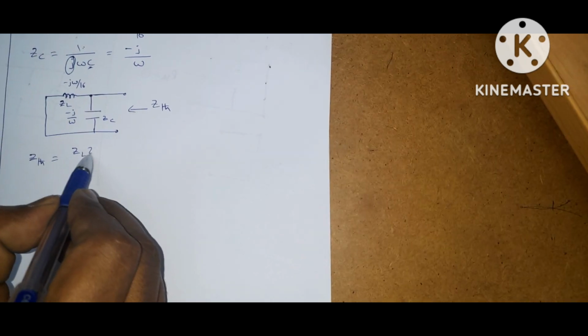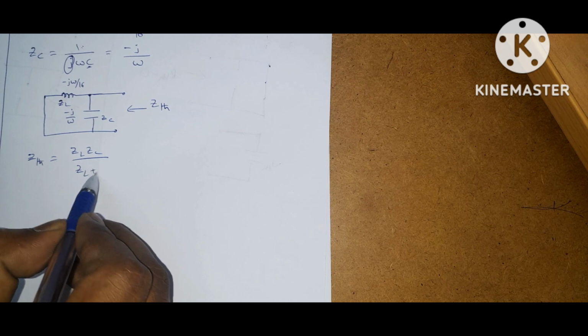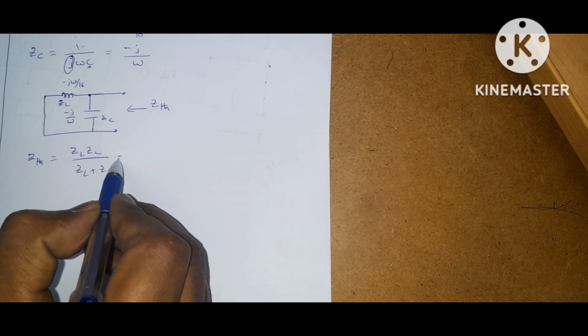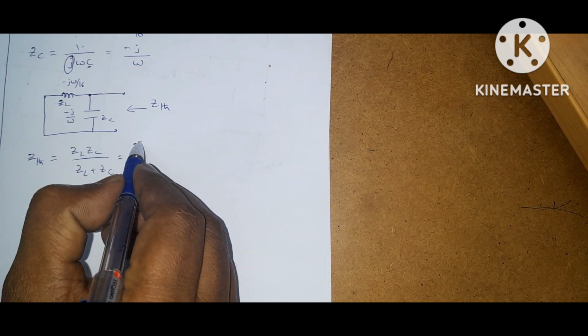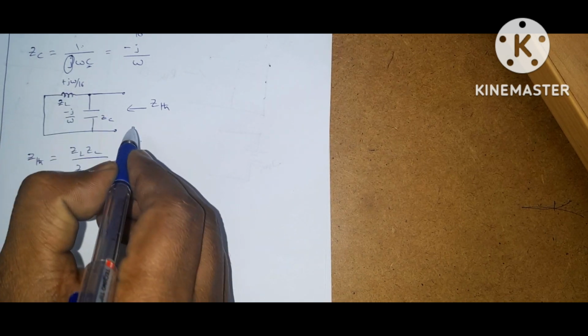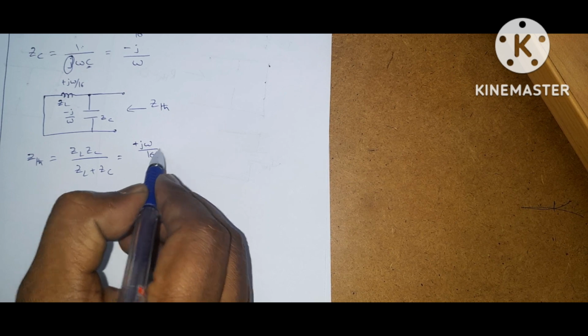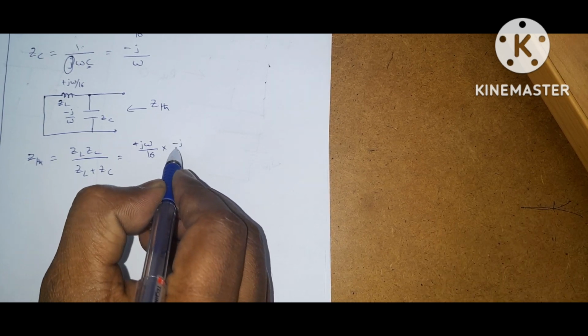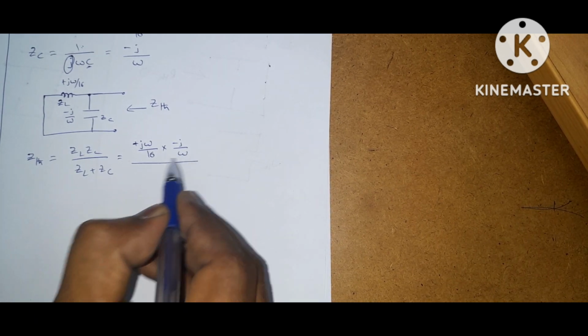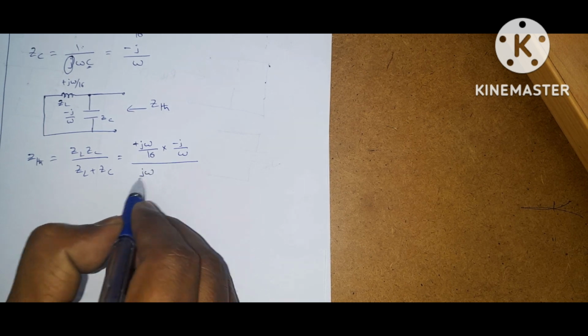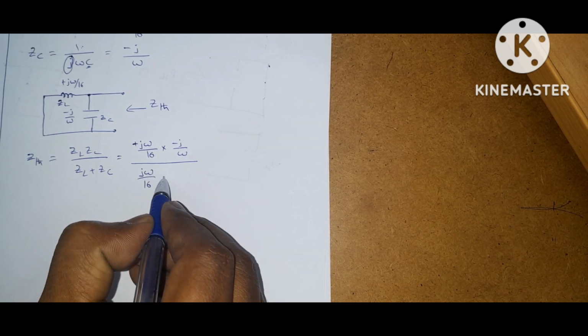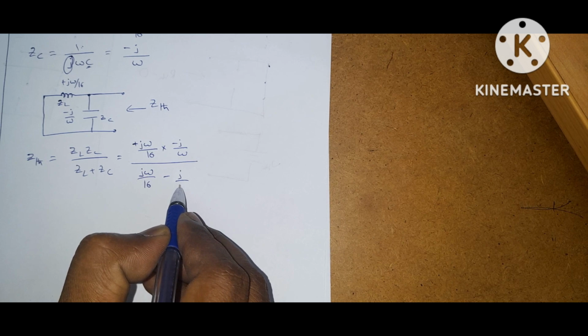ZL ZC by ZL plus ZC. So what is ZL? This is plus J omega by 16 into minus J by omega divided by J omega by 16 minus J by omega.